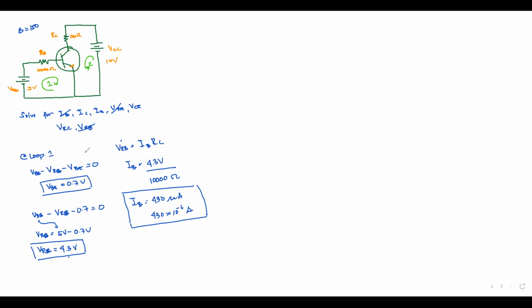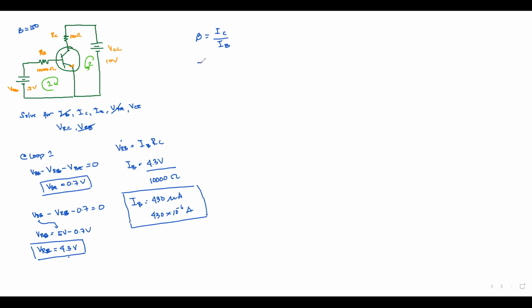Now, I could go to my loop number 2. Okay, before I go to loop 2, here, our beta, if you can remember, this is the relationship between my I sub C and my I sub B. Beta is given.